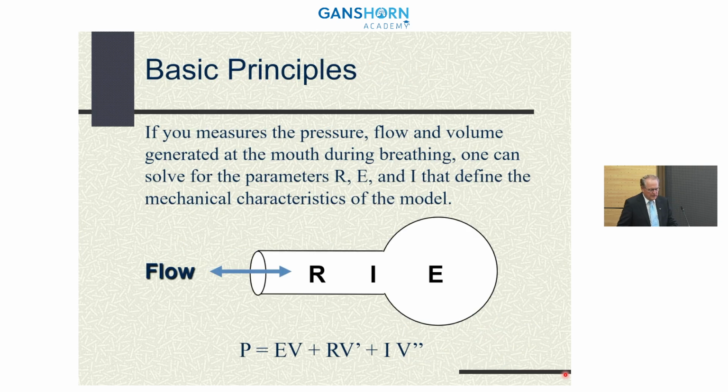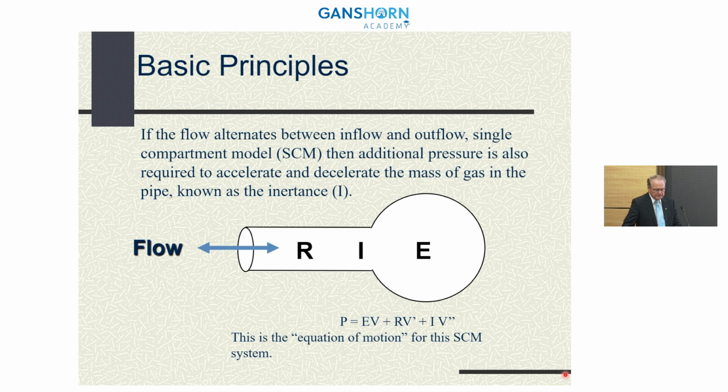So if we think about a single component model, if you look at the measurement of pressure, flow, and volume generated at the mouth during breathing, one can then solve for the resistance, elastance, and inertance that is causing an impedance to the flow going in and out of the lung.